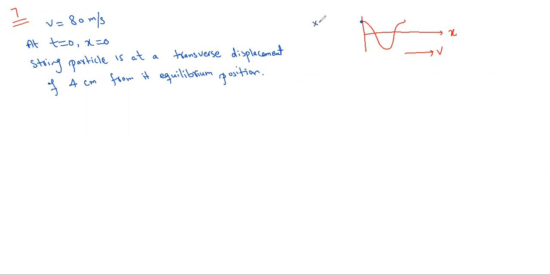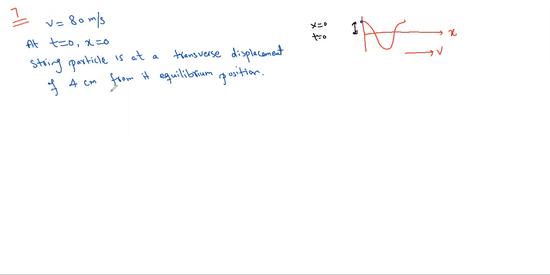X will definitely be 0 at this point, and the time at which we are starting this oscillation will be t is equal to 0. So x is equal to 0 and t is equal to 0. But this distance from the mean position to the equilibrium position is 4 centimeter. So we can see that this is simply the amplitude of the wave.